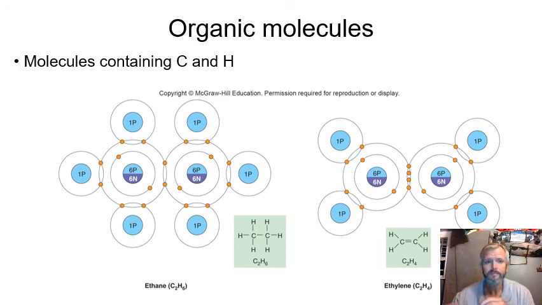Okay, you can see carbons, we can make these diverse molecules by using carbon kind of as our backbone to these molecules. Just remember, carbon can make 4 bonds, and therefore we can get more diverse molecules.